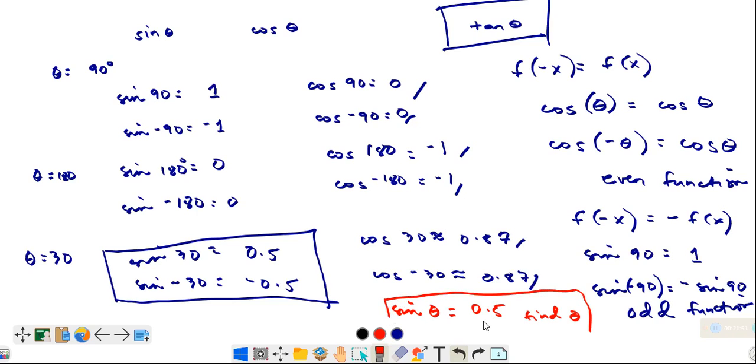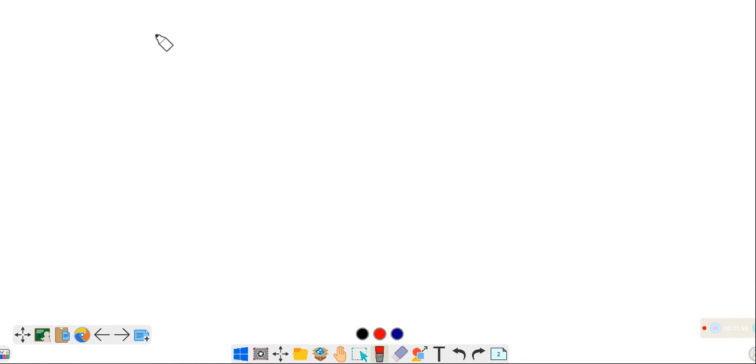Kasi ayoko magbura ng ibang part. Or, lipat ko na nga dito. So, sine theta is equal to 0.5. Find theta. So, paano to ginagawa?